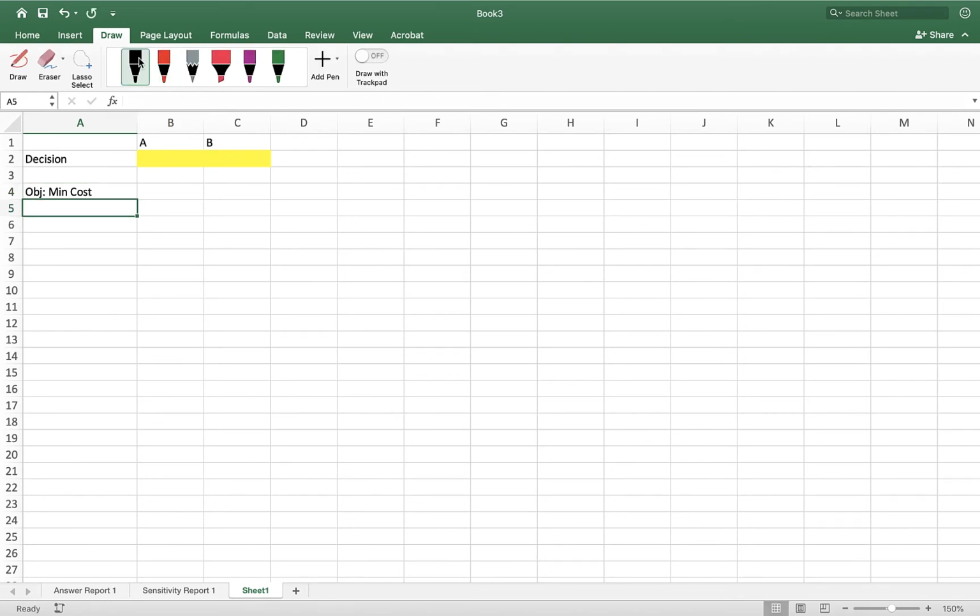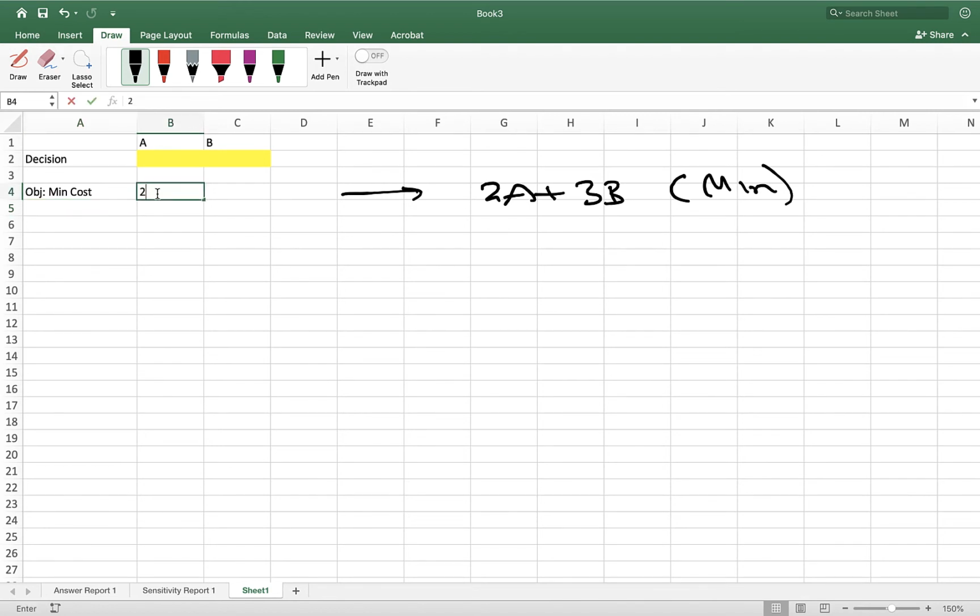For this line in here, it's going to be 2A plus 3B, and we want to minimize that. So how do we actually put that in on here? It's just going to be 2A plus 3B.